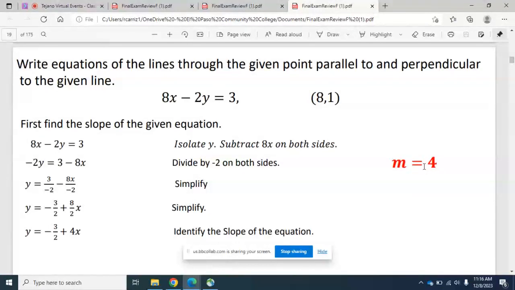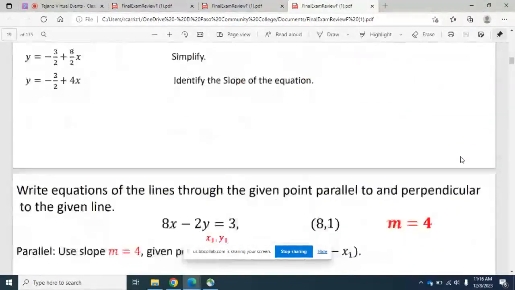So now that I have a slope, I can come up with an equation that's parallel to this given equation. But they give us another piece of information. They want our line to go through the point 8, 1. So for me, the best way to do this is using my point slope formula. Okay.